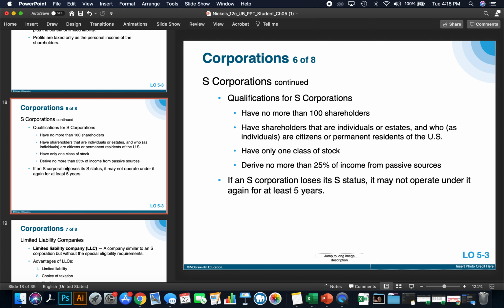Now, qualifications for S corporations: you can have no more than 100 shareholders, and they have to be individuals or estates who are permanent residents or citizens of the U.S. You can only have one class of stock and derive no more than 25% of your income from passive sources. If an S corporation loses its S status, it may not operate under it again for at least 5 years.